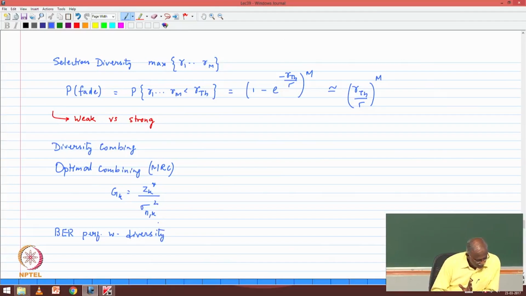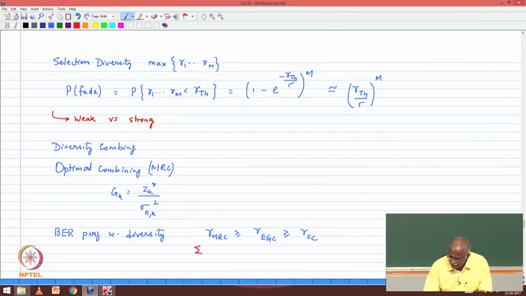And let me just write down one last result. Basically, we also showed that gamma MRC is better than or equal to gamma equal gain combining, which is better than gamma selection combining. MRC instantaneously achieves the sum of the different SNRs. Equal gain combining achieves something slightly less, 1 over m times the summation of root gamma k, whole squared.